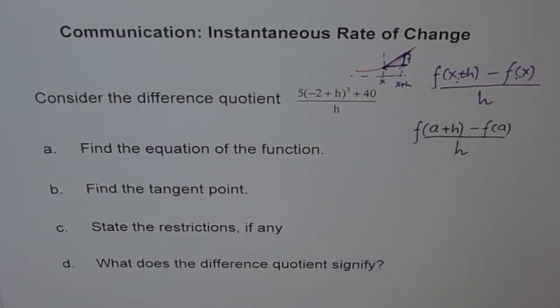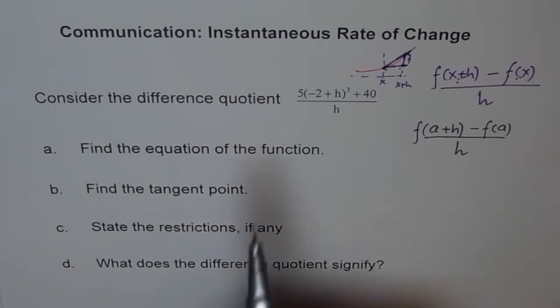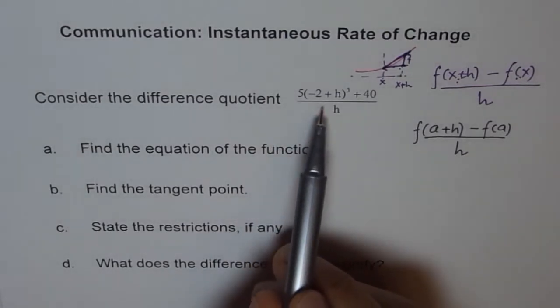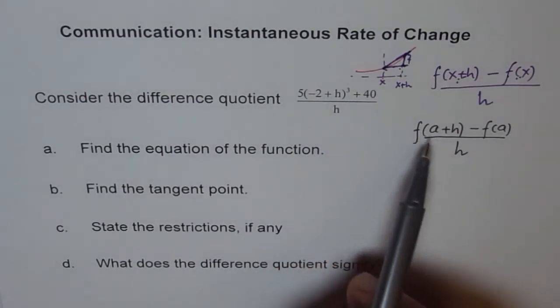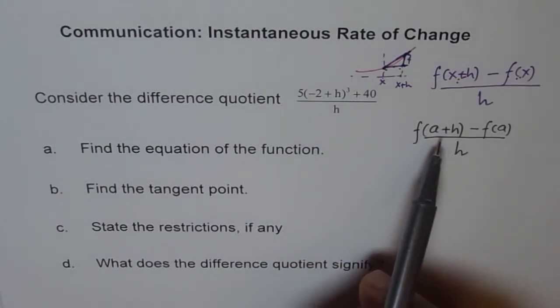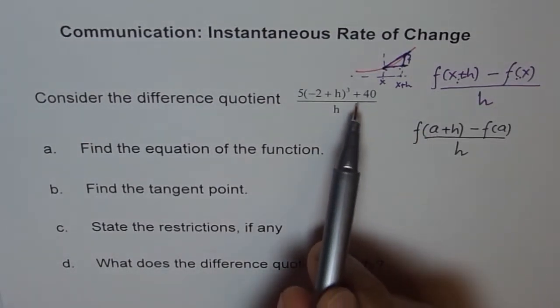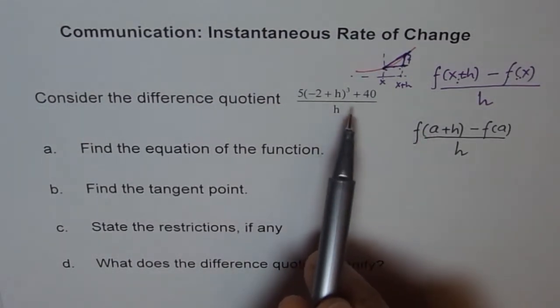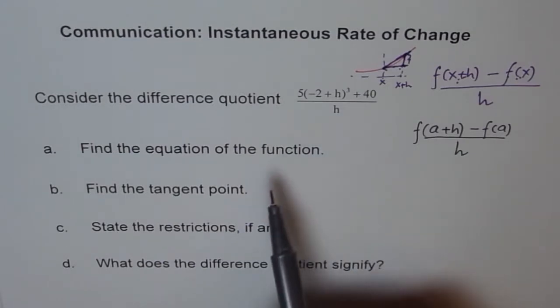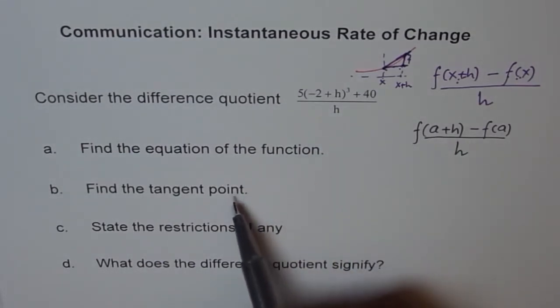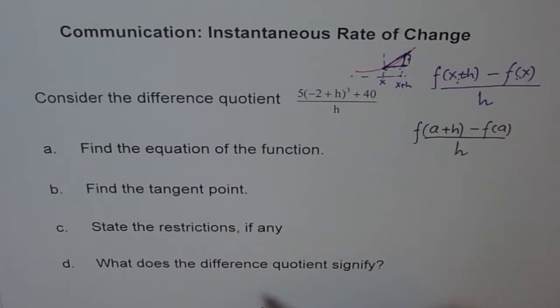This is what the difference quotient becomes. Here we are given a difference quotient which should be compared with this formula. If you compare this, what do you get? That will help you find the answers for all these questions.